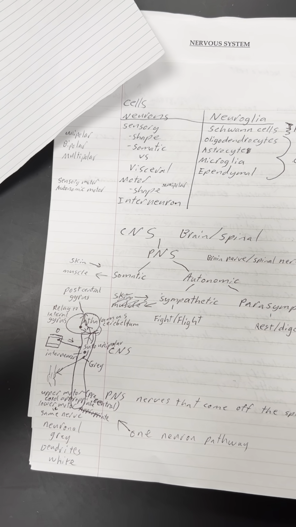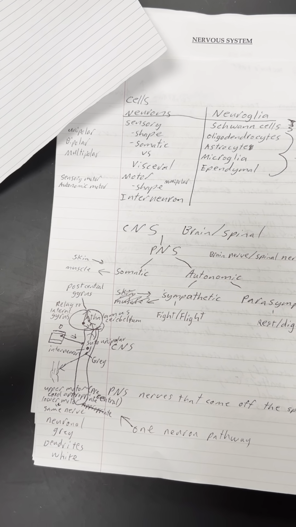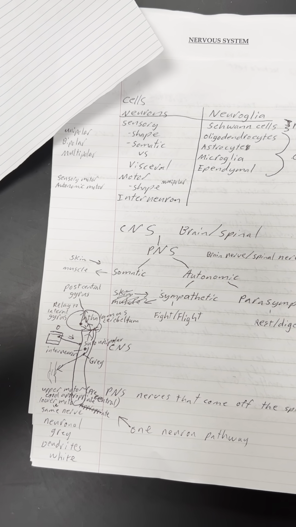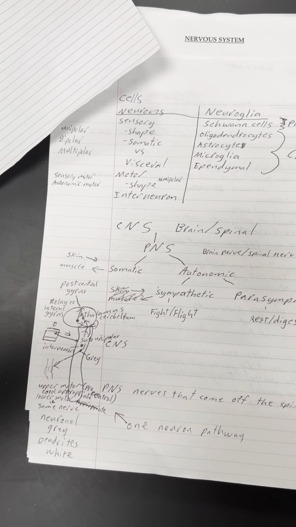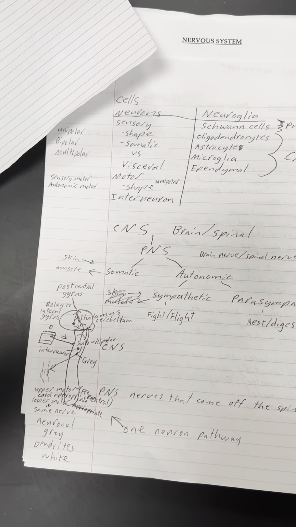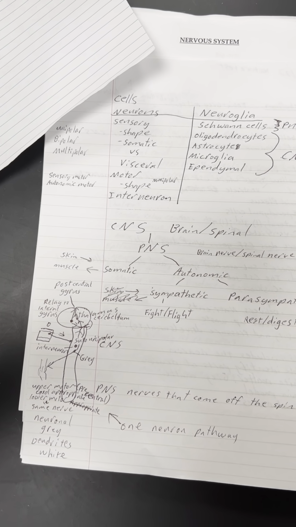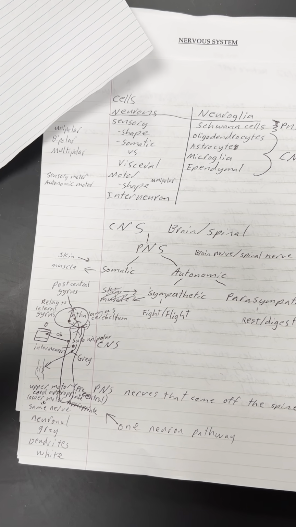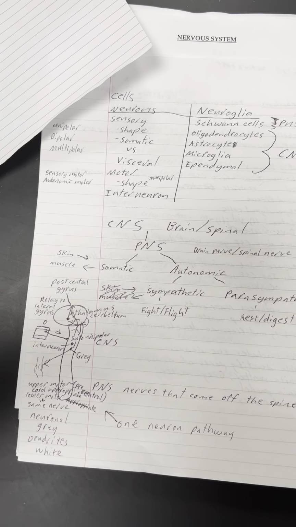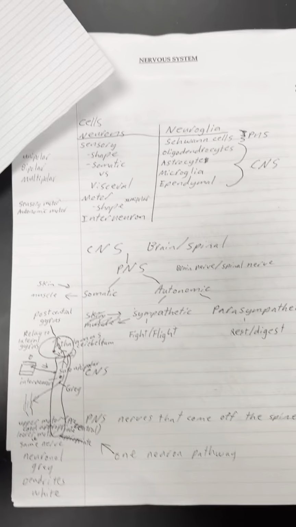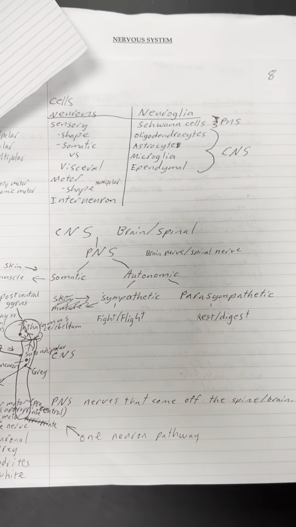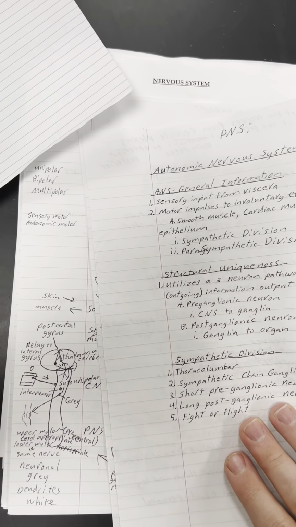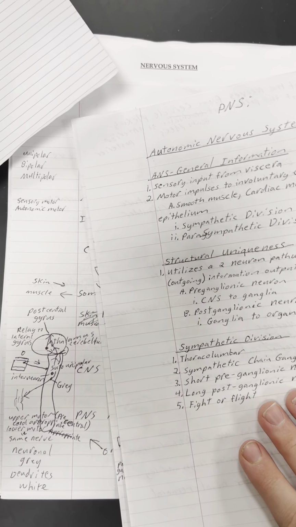That goes up to the gyrus, and then it relays to the lateral gyrus, and back down to the interneuron, which is gray matter, and out to the muscle, and I believe that is the autonomic nervous system. Yeah, autonomic.